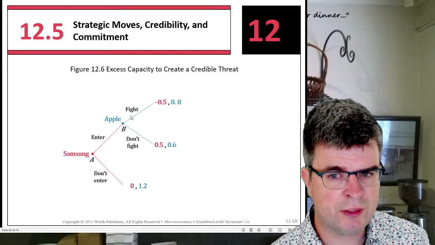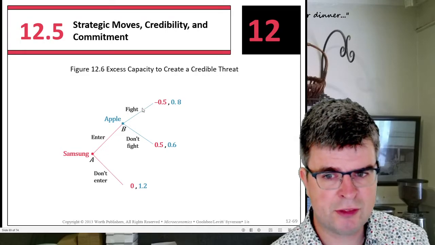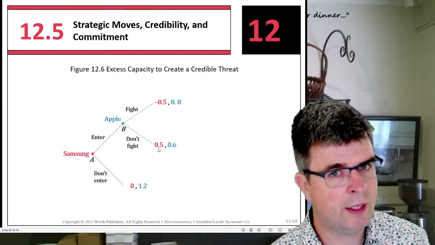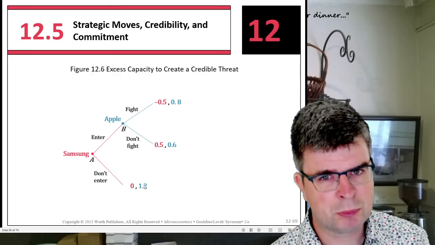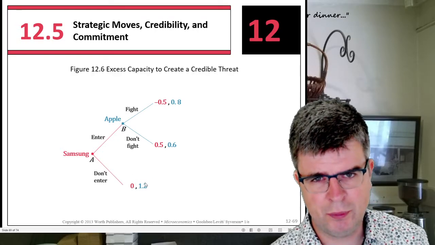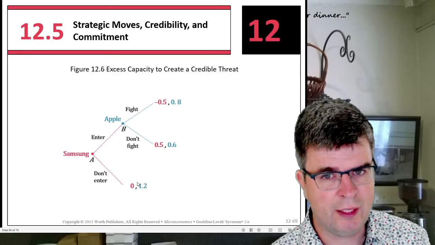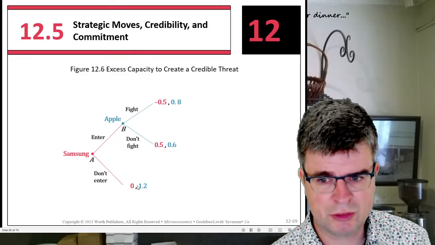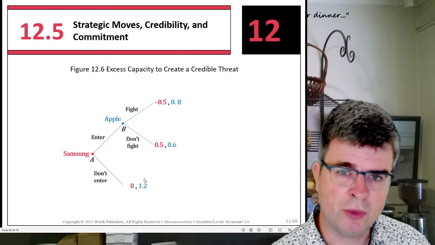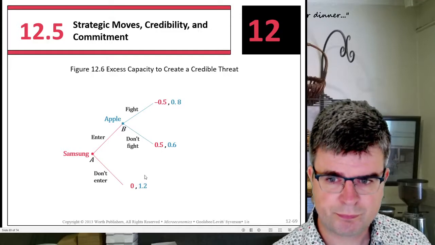It has invested in expanding the capacity, which changes the final payoff that Apple receives in case of a price war. If Samsung doesn't enter, Apple's profits are now lower than 2 billion because it has invested in this excess capacity, which it doesn't need because Samsung doesn't enter. So the profits go down to 1.2.